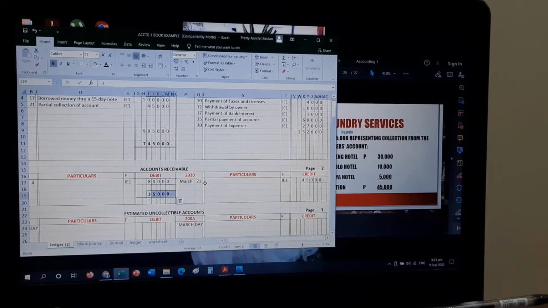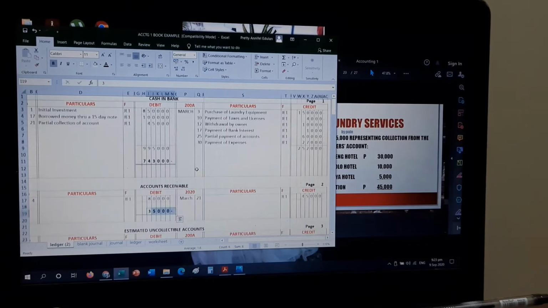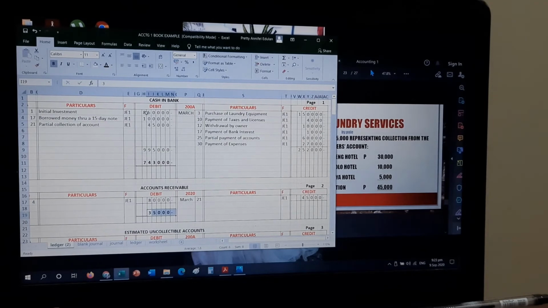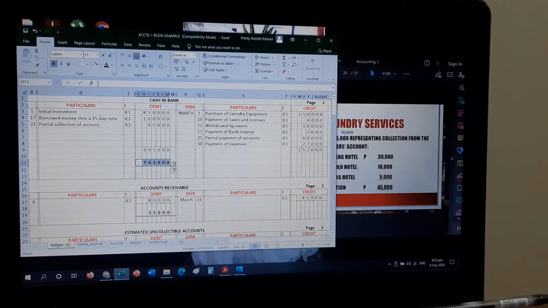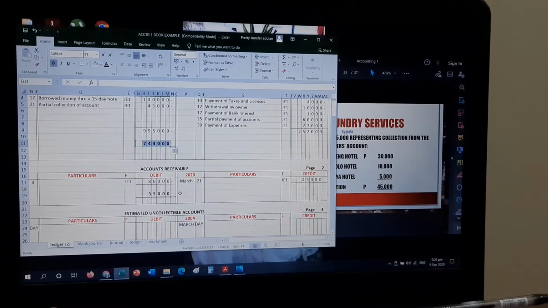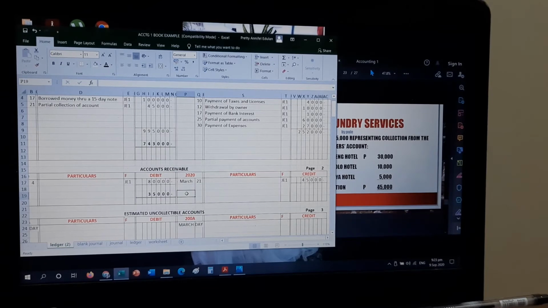So actually, accounting is not a math subject. What are we doing? We're simply writing the amounts given in the problem, then adding the total here, then subtracting. That's why we only use a basic calculator. It's not a math subject, but you have to analyze.